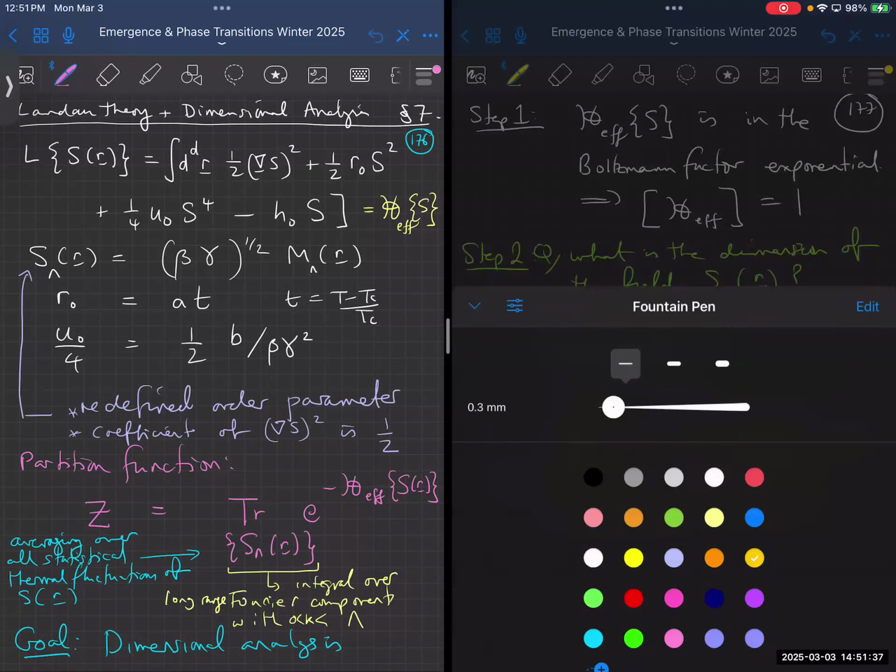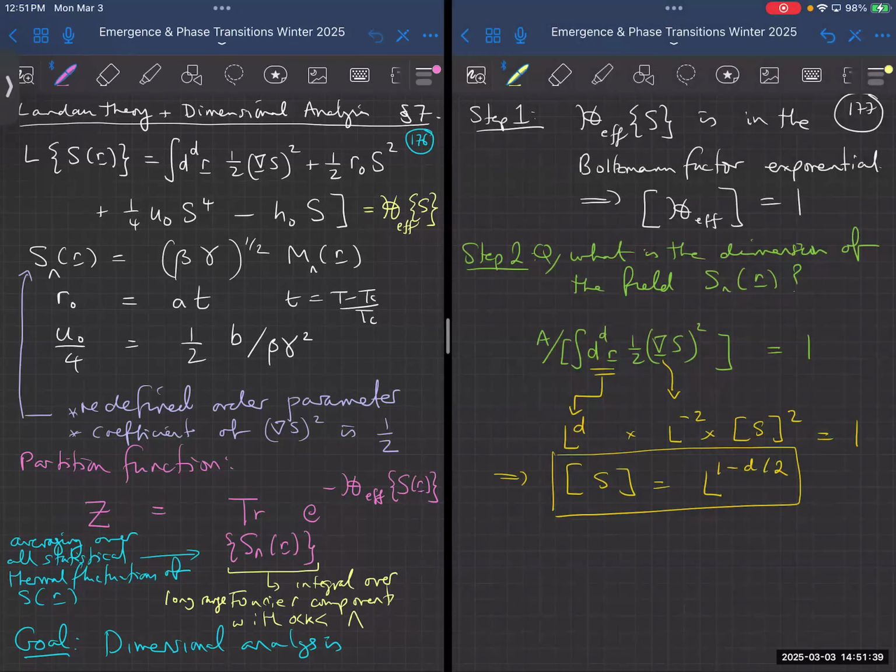Okay, so now let's have a look at the next term. So step 3, let's look at the second term in the equation. Now we look at R naught. What are its dimensions? And so we do the same trick. We now know that we have the integral d^d r of R naught times s squared, and the dimensions of this are equal to 1.